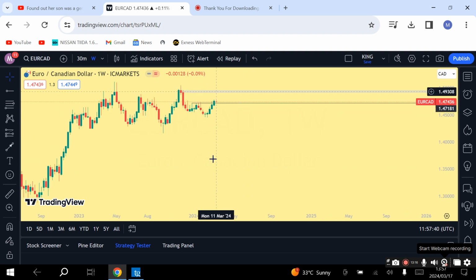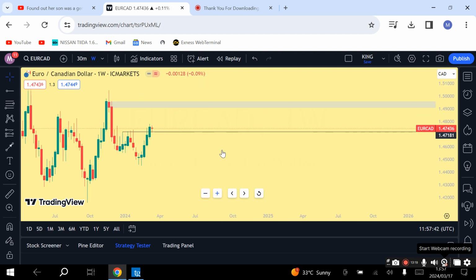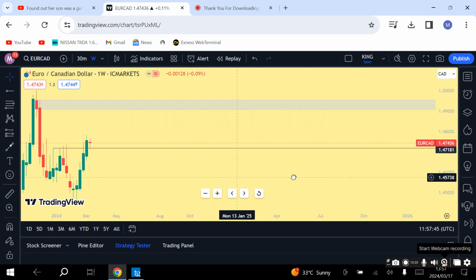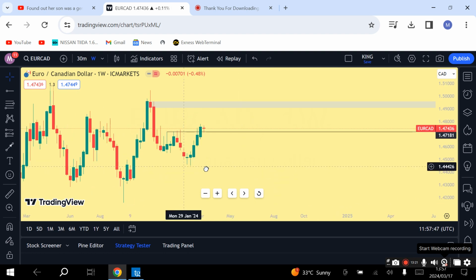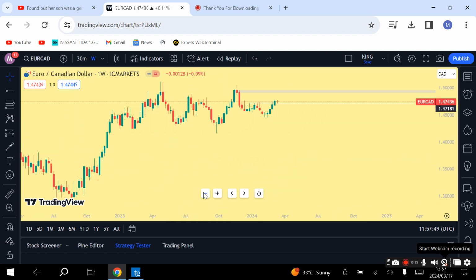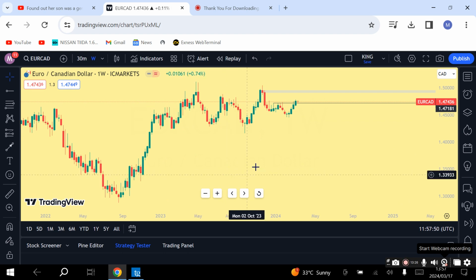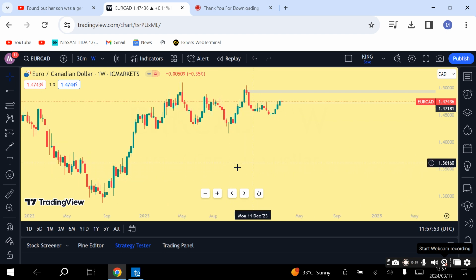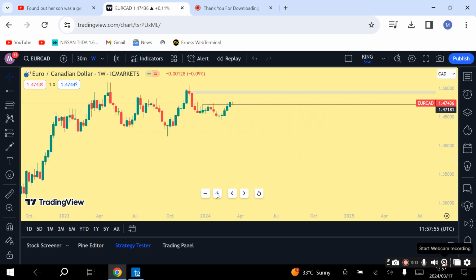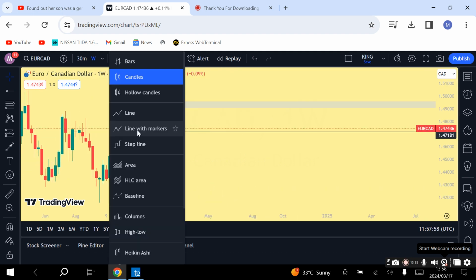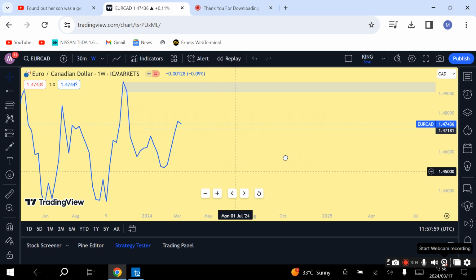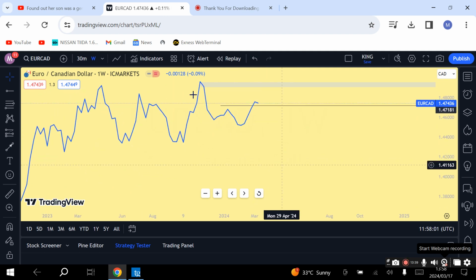As explained, the first thing we need to look at is structure, right? Are we bullish or bearish? If you pay attention to market structure here, price was starting to move down here.